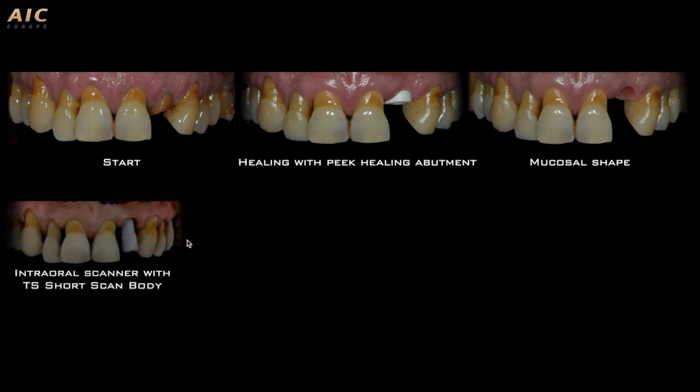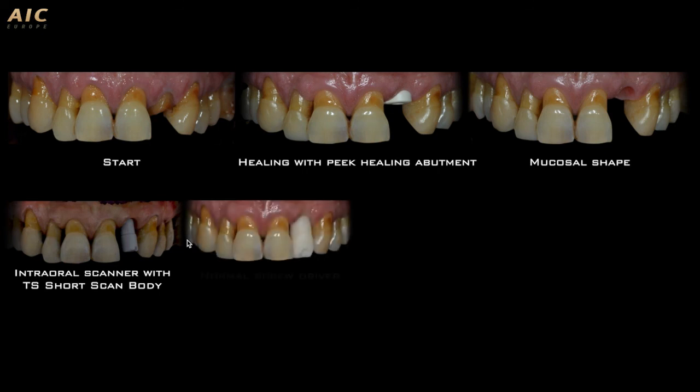This is the picture through the intraoral scanner with the TS short scan body. This is the hole of the normal screw drive, and in this way, if we don't have the angled screwdriver, we must realize a classical or customized abutment with a cemented crown.